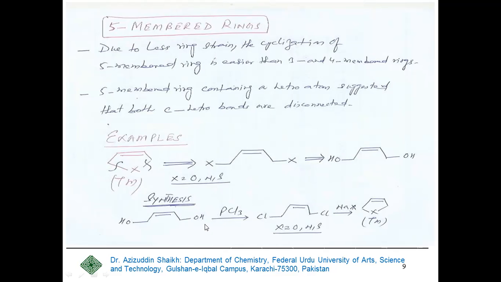The hydroxyl groups are replaced with two chloride groups, and then the reaction with sodium halide, where X means oxygen, nitrogen, sulfur, because both chlorides are good leaving groups. So this heteroatom reacts with this carbon, and a chloride will be removed. This heteroatom again reacts with this carbon, and the other chloride will be removed. Then we will obtain our target molecule.